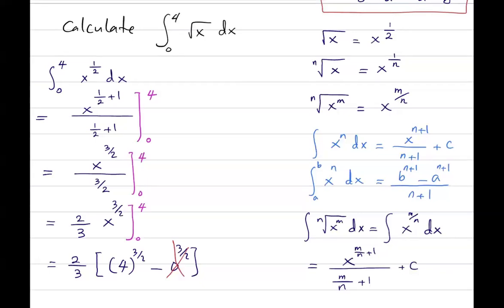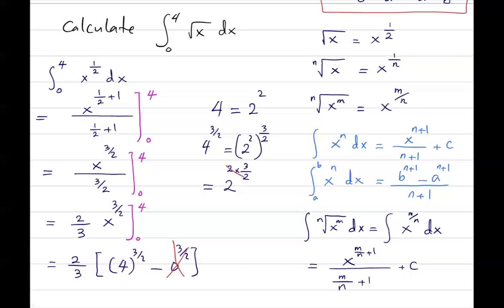4 is 2 to power 2. So if I find 4 raised to 3 halves, I'm basically calculating 2 squared to 3 halves. But if you do the multiplication, it is saying that I have 2 raised to 2 times 3 halves.